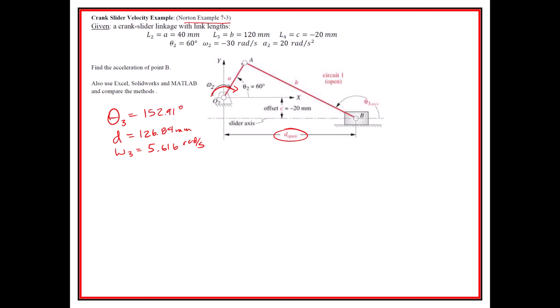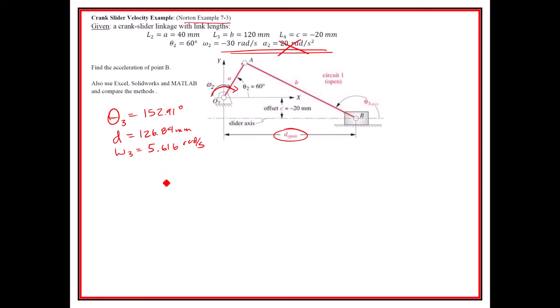Now the problem in Norton uses alpha 2 as 20 radians per second squared. I have a little bit of an issue with that when trying to solve it in Excel. So I'm going to go ahead and find it as if it's without that acceleration, and that should do the trick, right?